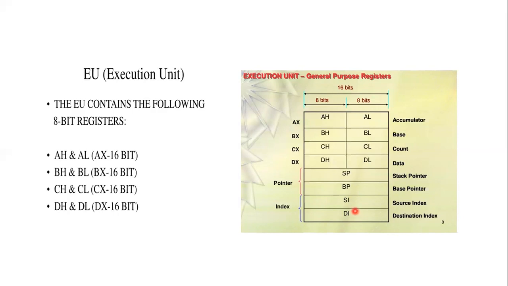The source index is a 16-bit register and is used in string manipulation instructions. Similarly, the destination index is a 16-bit register which is used in string manipulation instructions. So the SI and DI have auto increment and decrement capabilities.